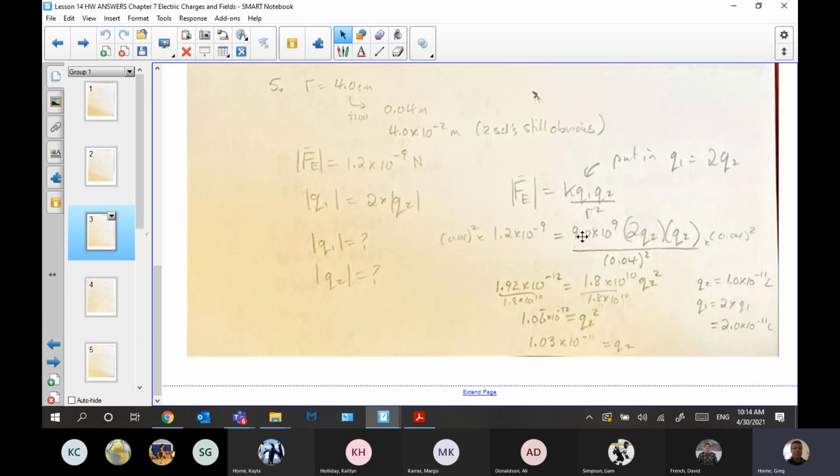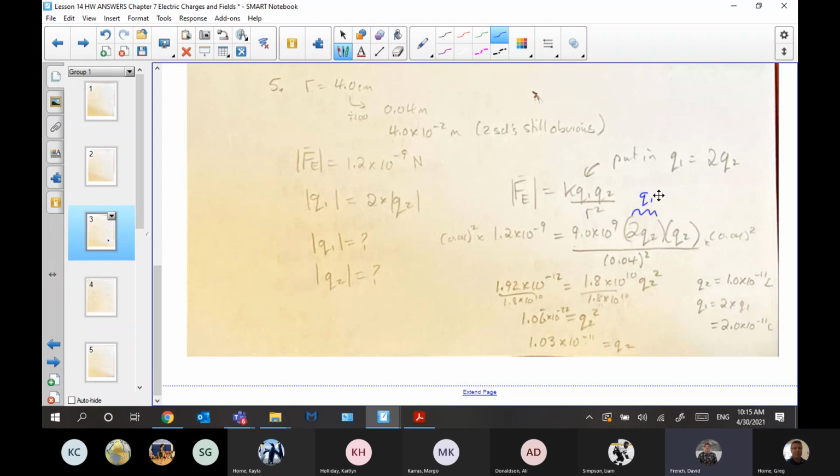The constant, of course, is there. This reads as essentially Q1 and Q2 here. This is basically Q1, right? It's just equivalent to 2Q2. And so there's only Q squared that's an unknown, and I just algebraically solved for Q2.